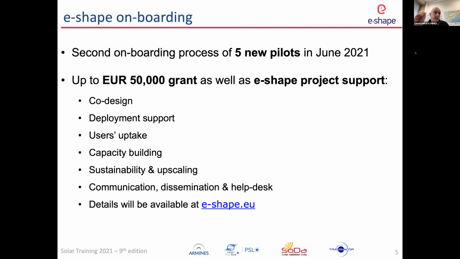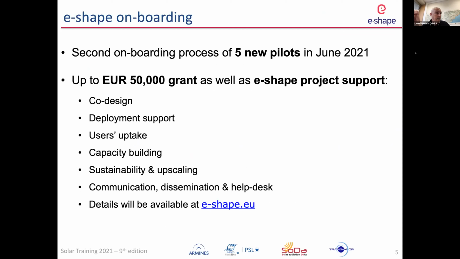One last thing on the project that may be of interest for you is that currently the project has saved some money to onboard new pilots. 5 new pilots were already onboarded last year, and 5 new pilots will be onboarded this year. Onboarding means that you may claim a grant of 50,000 euro, as well as the support of the full eShape project.